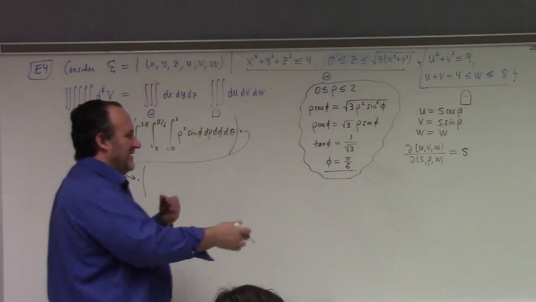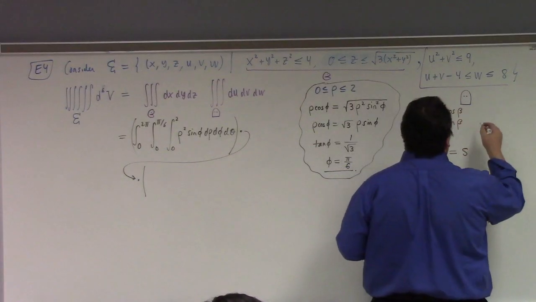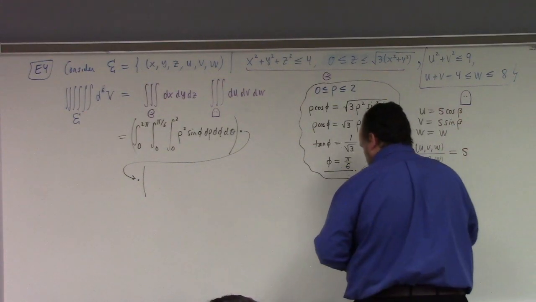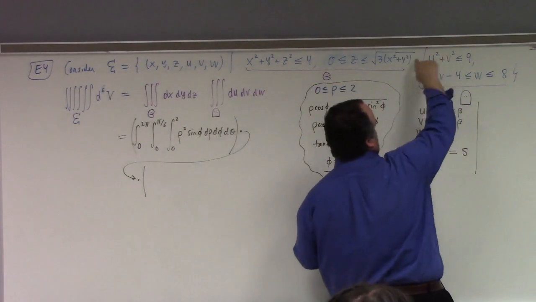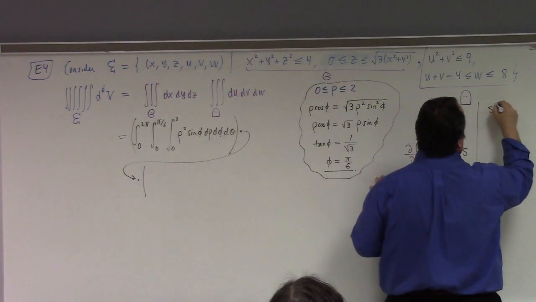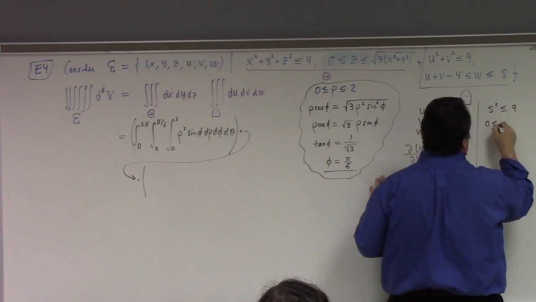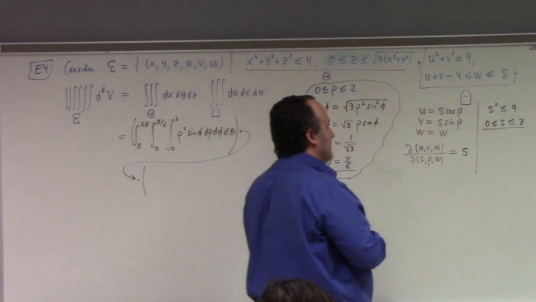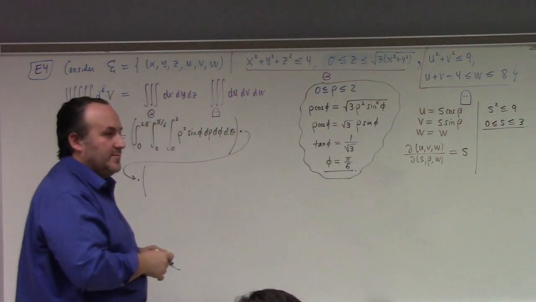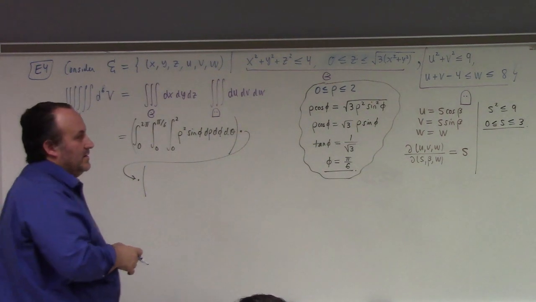I'm just trying to use a different notation to, I guess, confuse the students. So mission accomplished, maybe. Okay, so the first inequality up here is s squared less than or equal to 9, right? So really we could say 0 less than or equal to s less than or equal to 3. That's how the cylindrical radius implicit within the Ghost conditions is playing out.